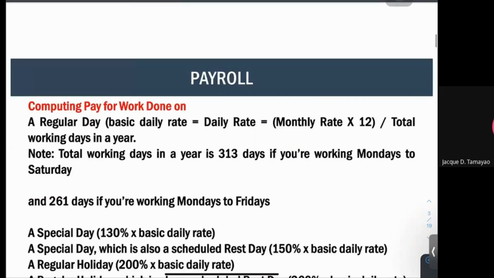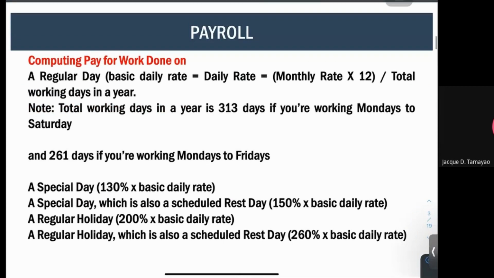So let's start with the calculation of your payroll. First, we have the computation of your regular day work. To compute your basic daily rate: daily rate is equal to your monthly rate multiplied by 12 divided by total working days in a year.